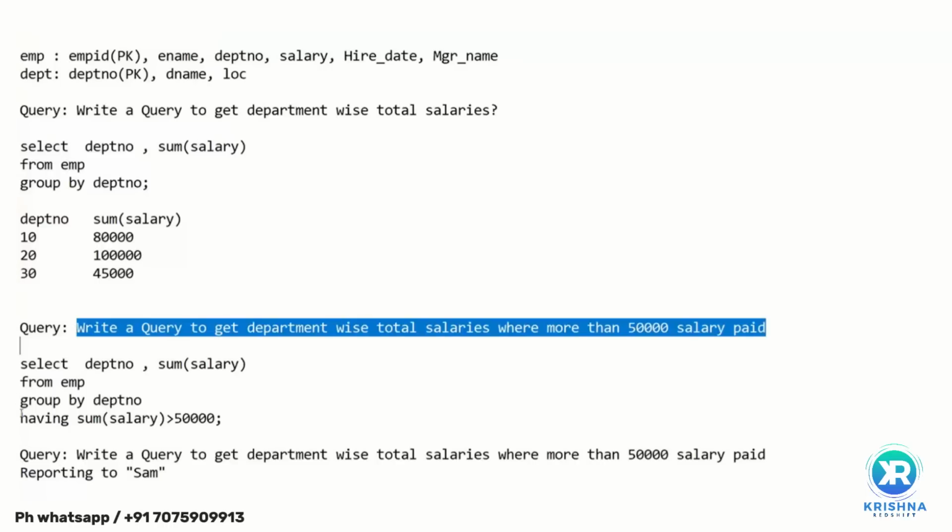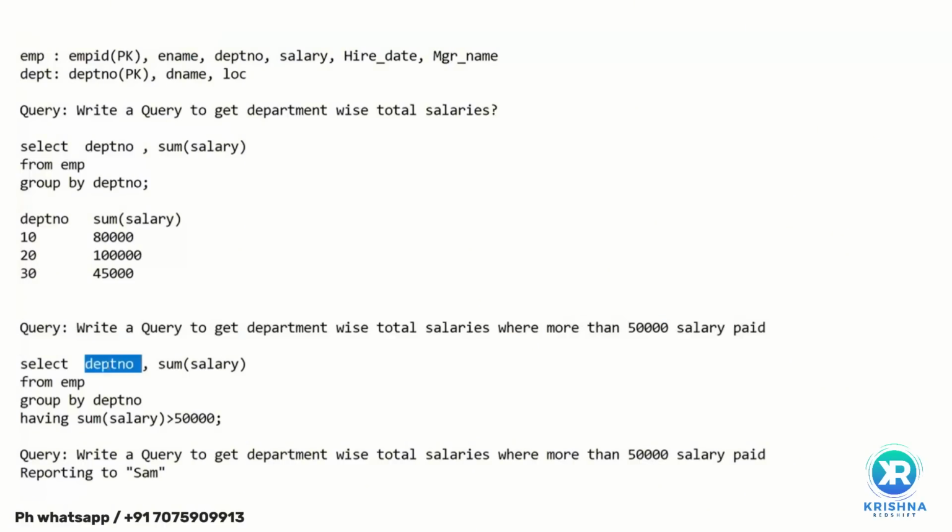If that is the requirement, since we want department wise, put department number in the select list, and total salaries, so sum of salary, from table EMP. Why EMP again? Because both the columns come from the EMP table alone, so you don't have to go to the department table.